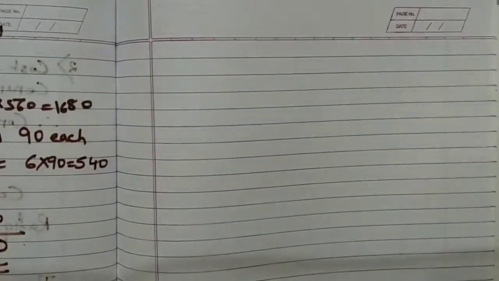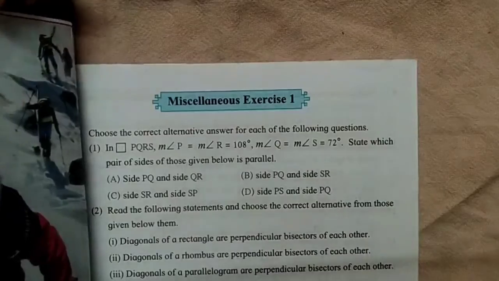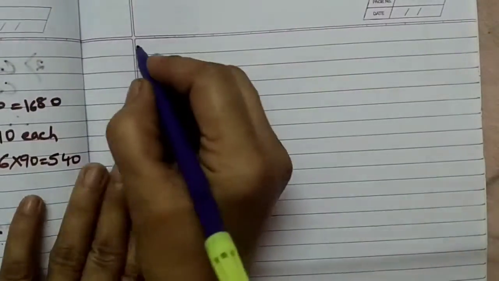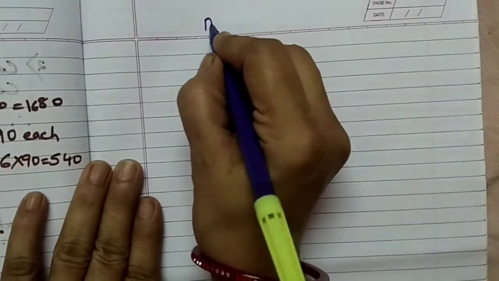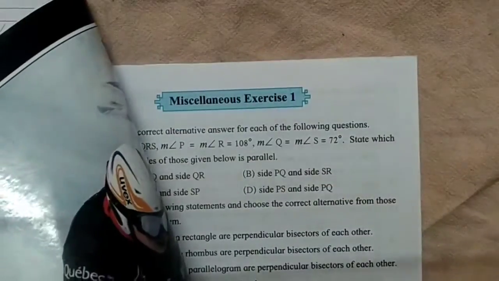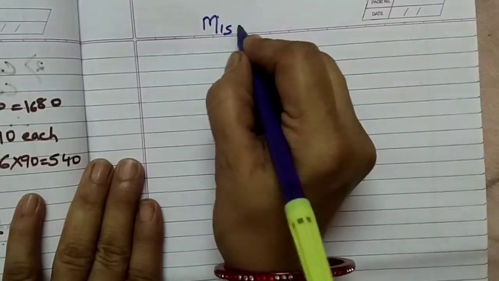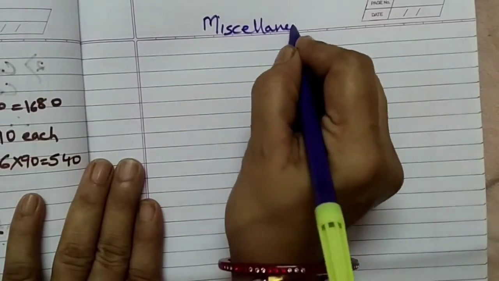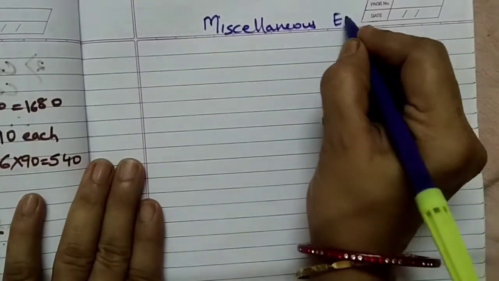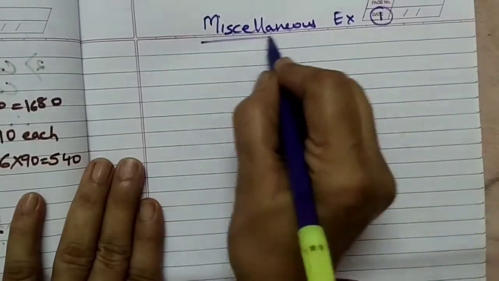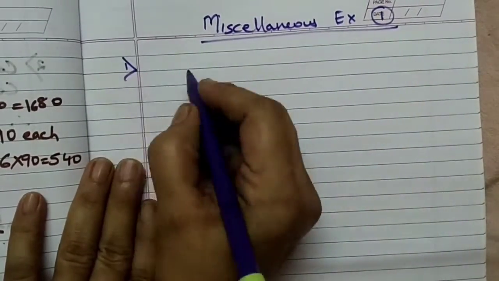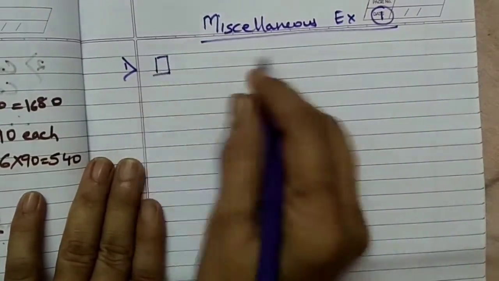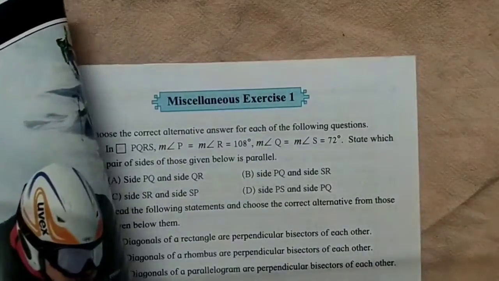Now what is given, what is the name of the quadrilateral? It is quadrilateral PQRS. Miscellaneous exercise 1, sum number 1. So they have given us a quadrilateral. We will write down what is given.